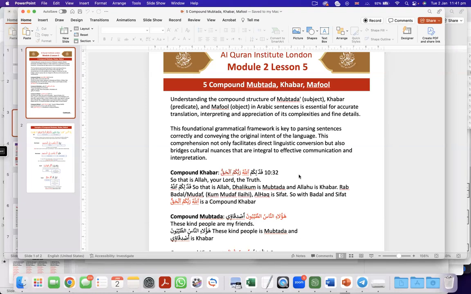This comprehension not only facilitates direct linguistic conversion, but also bridges the cultural nuances that are integral to effective communication and interpretation. In other words, it will give you more control on the sentence if you can identify the compound segments, fragments throughout the verse. Okay, inshallah.